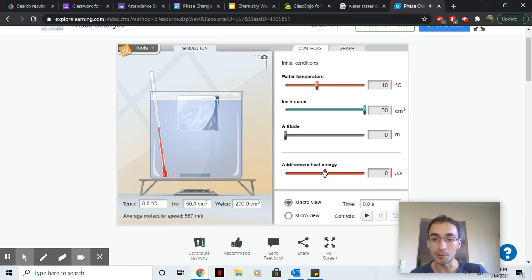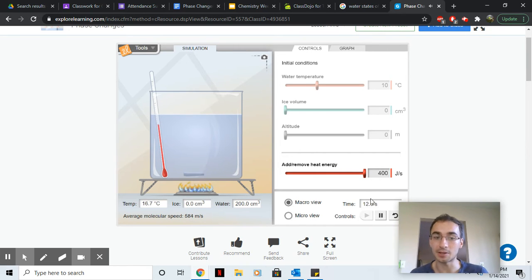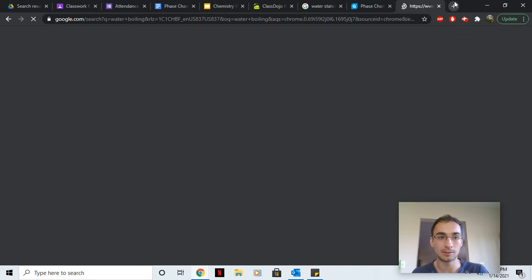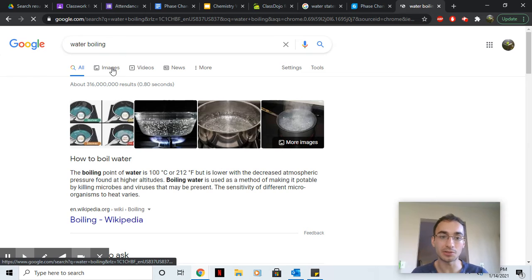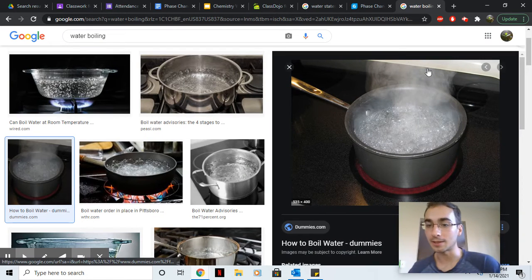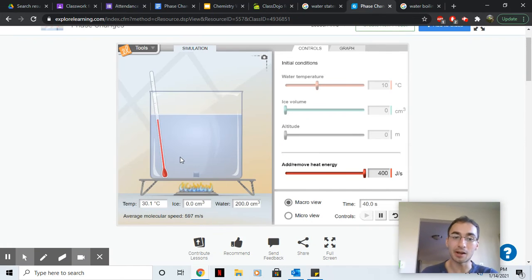And if you want to see the water boil, take the ice away and add some heat. And then start playing. If you're not sure what water boiling looks like, just look up a picture. So water boiling, you'll see bubbles of water, and then you should see some steam. That's water boiling. So try and figure out at what temp is this water boiling.